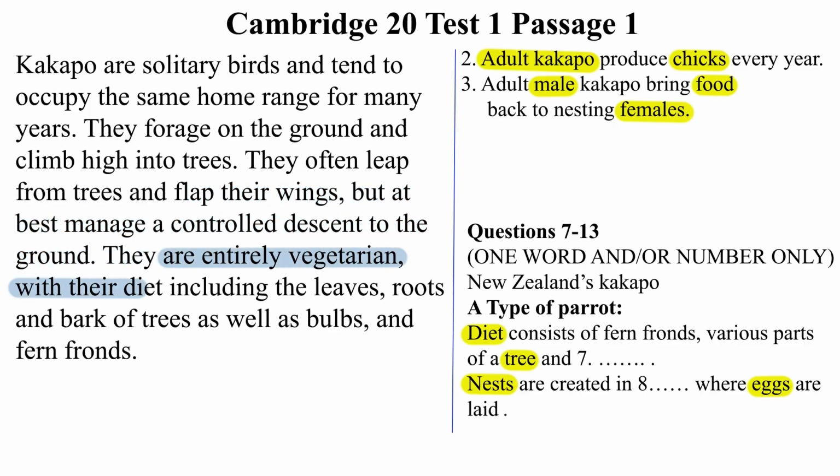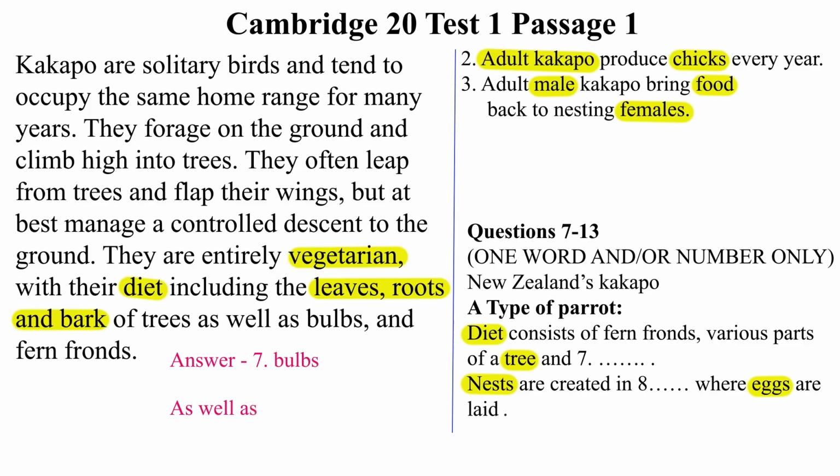They are entirely vegetarian, with their diet including the leaves, roots, and bark of trees, as well as bulb and fern fronds. Here, vegetarian and diet are connected with the diet question, number 7. Now we will find various parts of trees. Leaves, roots, and bark are the various parts of a tree.